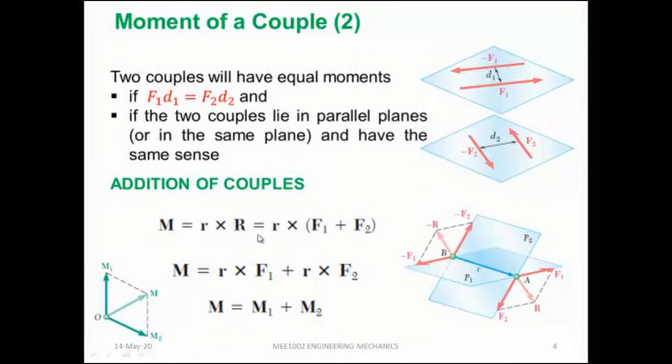So R vector cross, this is the position vector and this is the resultant vector of the two forces, equal to position vector cross F1 vector plus F2 vector. So R cross F1 vector plus R cross F2 vector. So this is moment 1 and this is moment 2 vectors. We can simply add for the moment: M equals M1 vector plus M2 vector.